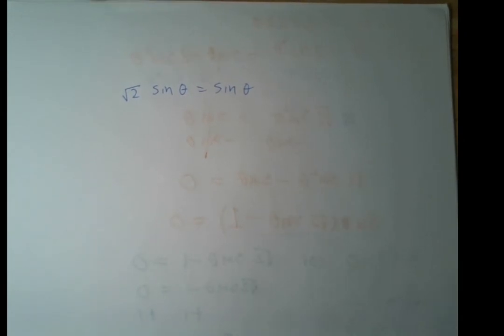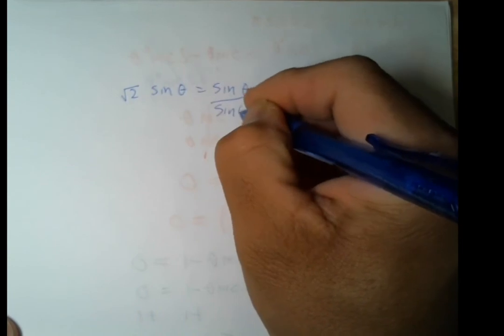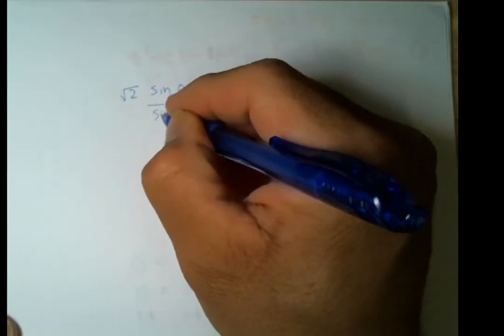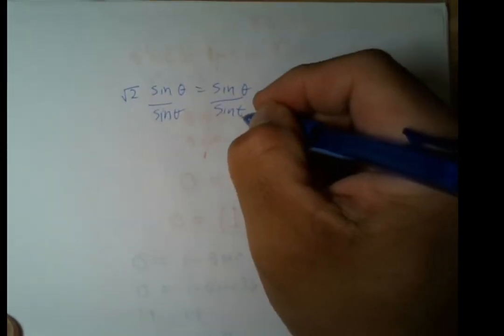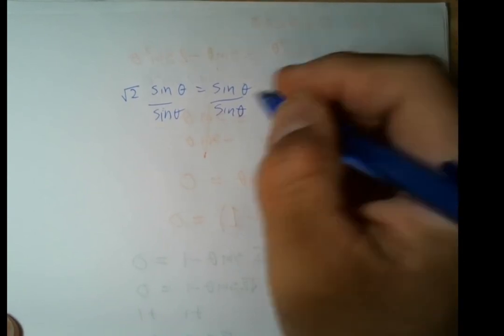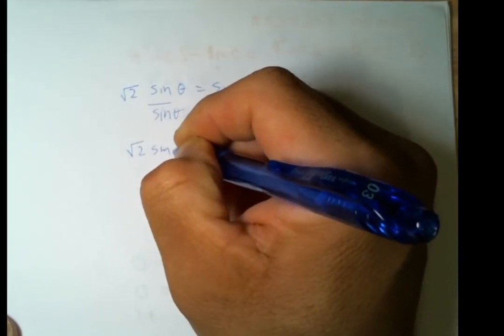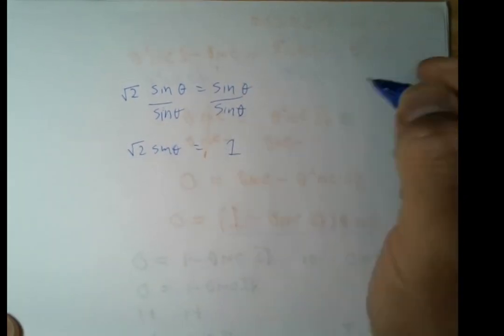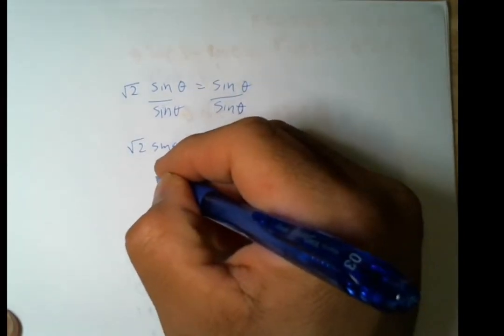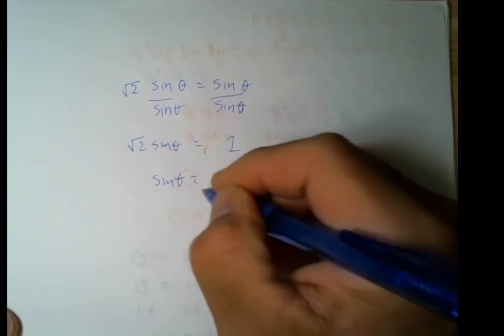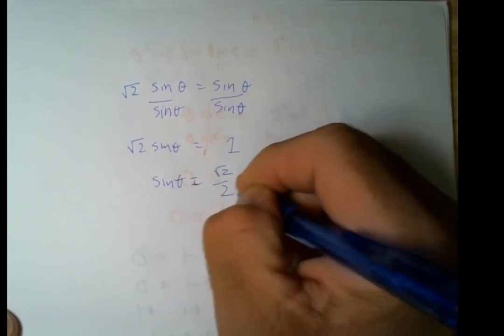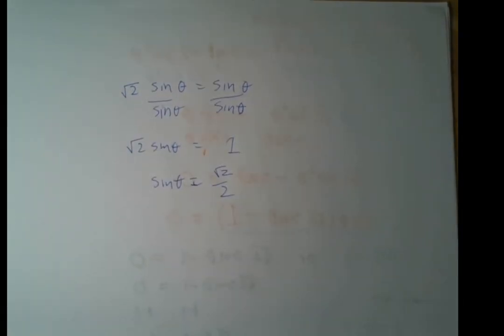We see that and think, oh, I can simply divide by sine theta. Then we get root 2 sine theta equals 1. Divide by root 2. We get 1 over root 2, which we know is root 2 over 2. I did the work in the previous problem, so I'll just take advantage of it here.